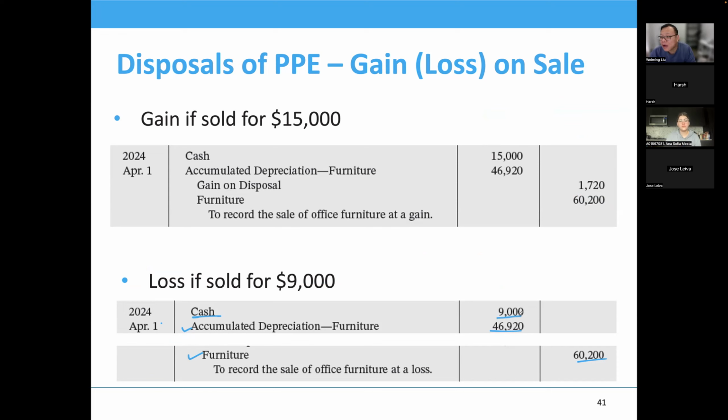Okay, so now let's do it again. Let's calculate my total debit. My total debit right now is 55,920. My credit is 62,200. So do I need additional debit or additional credit?